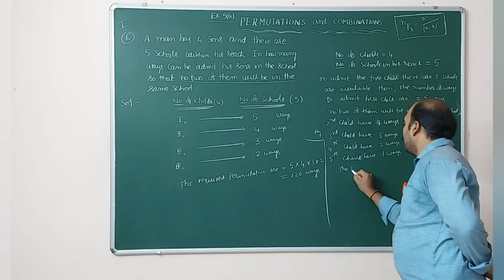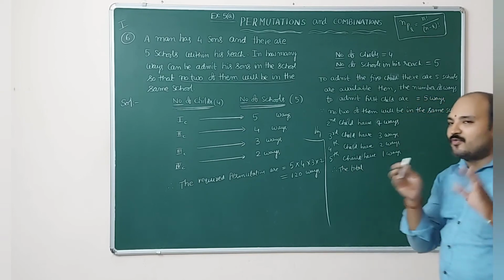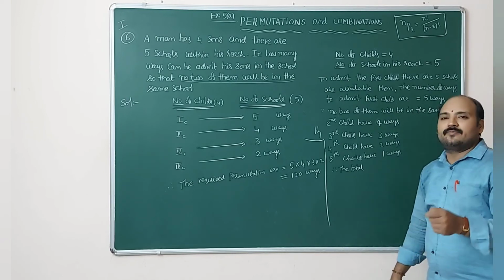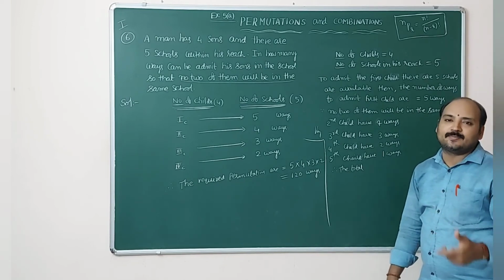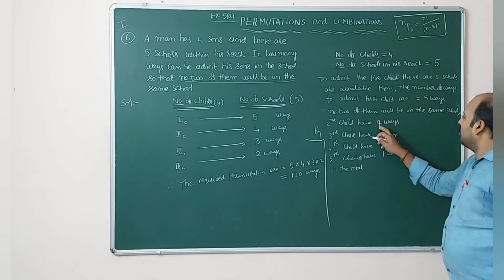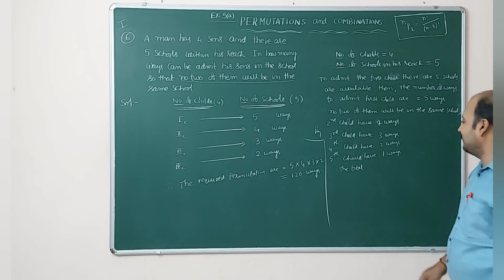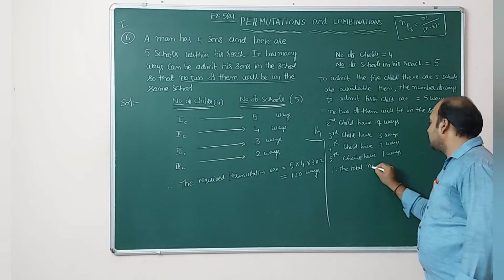Here total number of ways means you can take the counting principle, fundamental principle. 5 into 4 into 3 into 2 into 1. You cannot add the total number of ways.